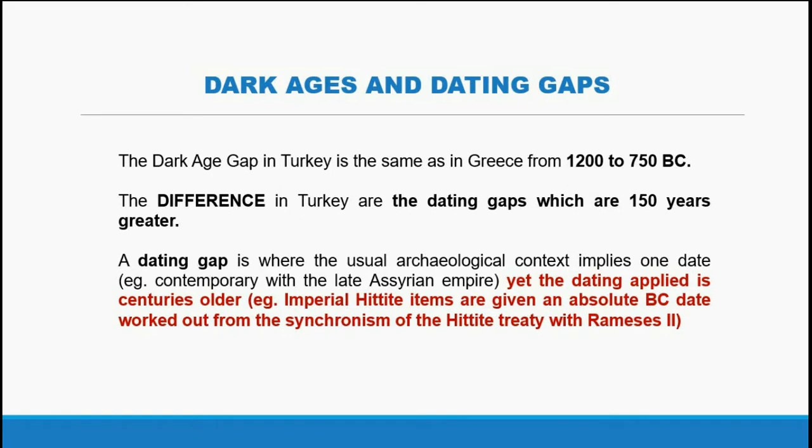Now a dating gap is where the usual archaeological context implies one date, that is contemporary with the late Assyrian Empire as one example, yet the dating applied is centuries older. For example, Imperial Hittite items are given an absolute BC date worked out from the synchronism of the Hittite treaty with Ramses the Great.